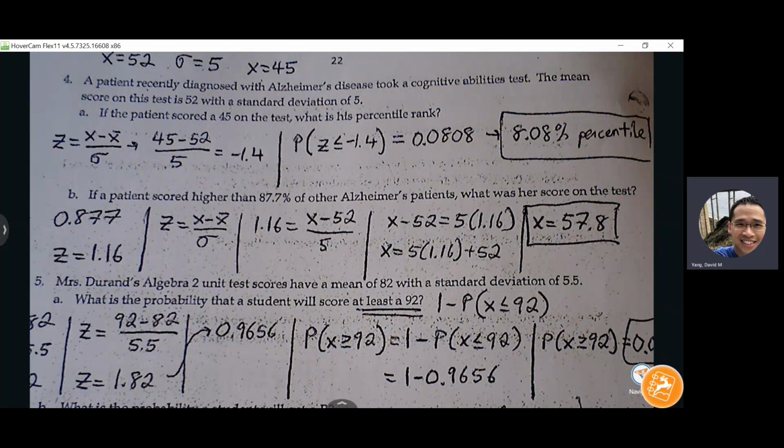Okay, anybody still working on number 3? Go to the next page.